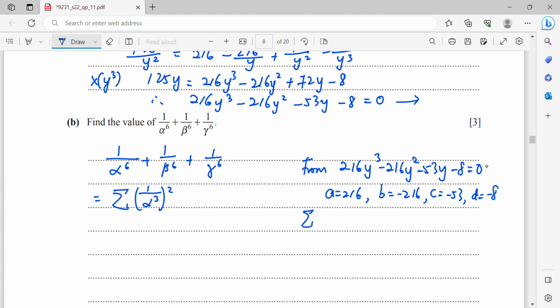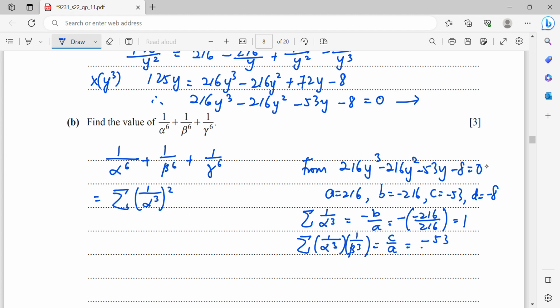So summation 1 over alpha cube, which is the summation of the roots, it will be minus b over a, which is negative of negative 216 over 216, which is 1. Okay, then summation of products of two roots equals to c over a. So it is minus 53 over 216.